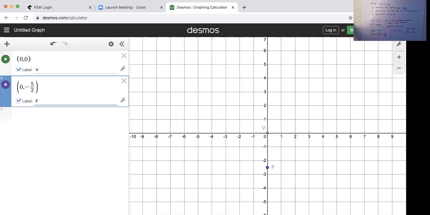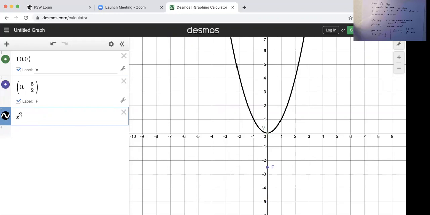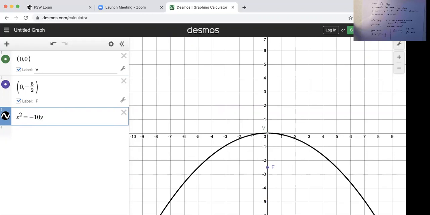The equation that they gave us was x squared equals negative 10y. So again, you can see that the parabola goes around the focus. It encompasses the focus. The focus is in the interior of the parabola.